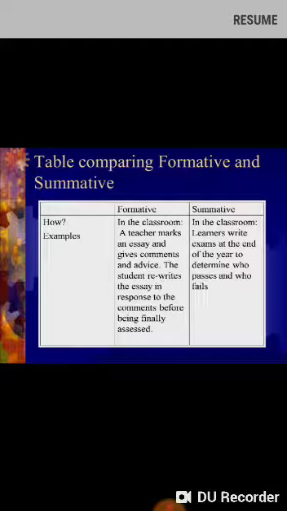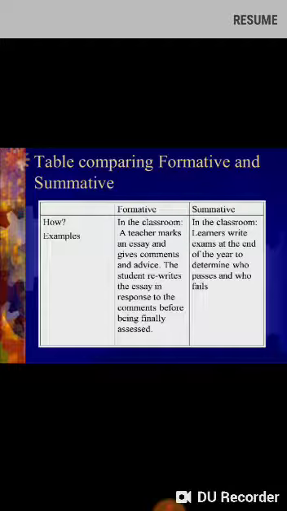This is a very good example of formative assessment: whenever we write an essay, after writing it we go to the teacher and get it checked. He just gives us comments, and then, responding to and following the comments, we rewrite the essay. This is an example of formative assessment.